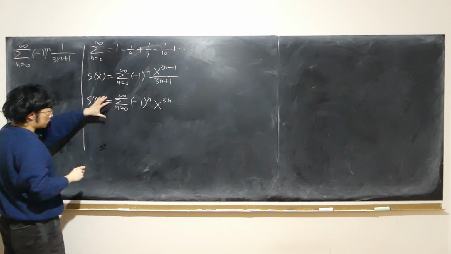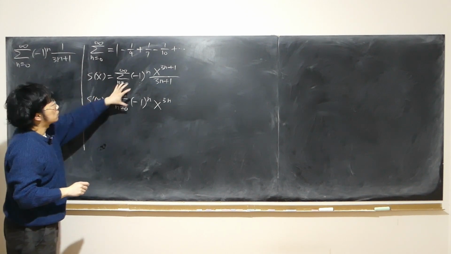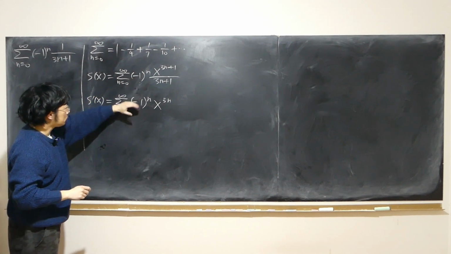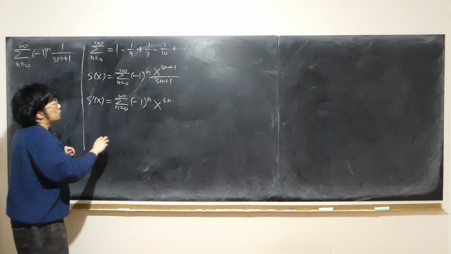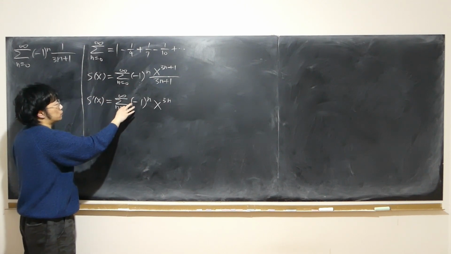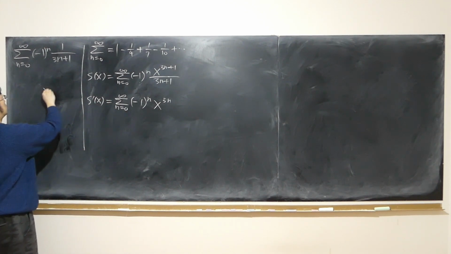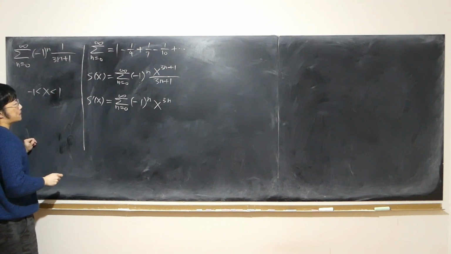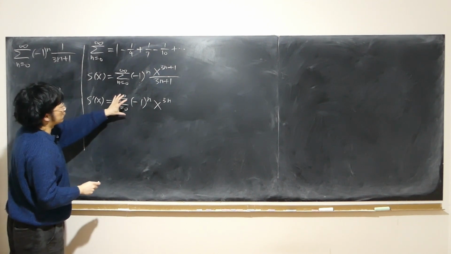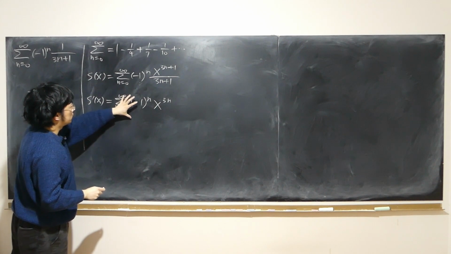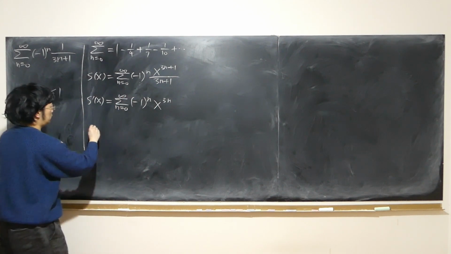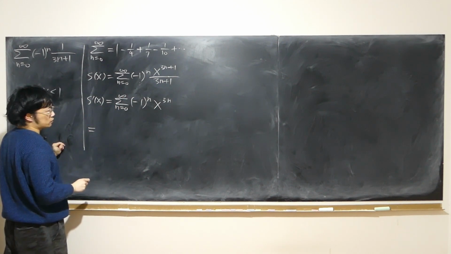And the legitimacy of differentiating term by term is because, after we differentiate, our new series, if we restrict x in between negative 1 and 1, is of course convergent. Obviously, because this is a geometric sequence.